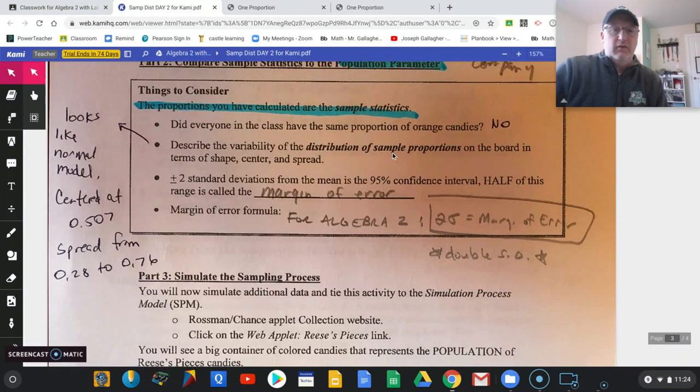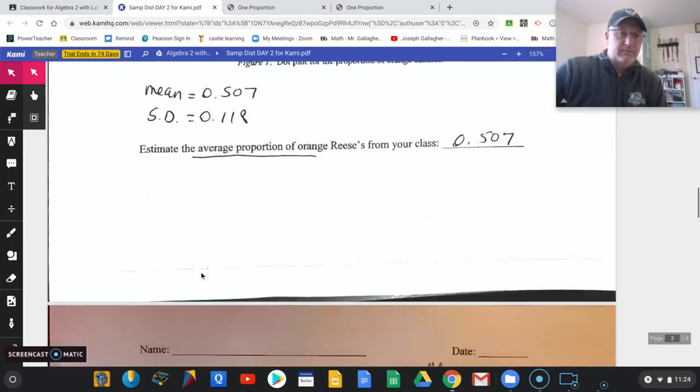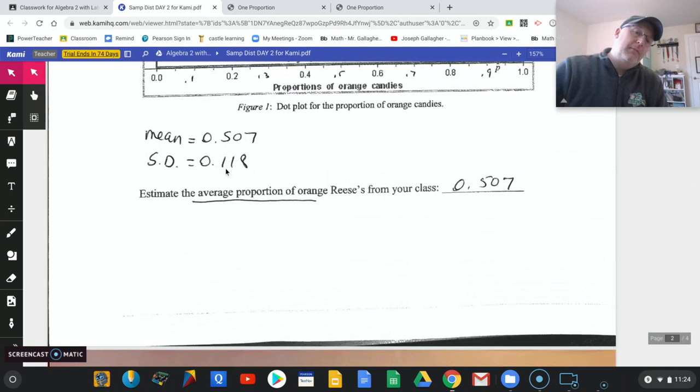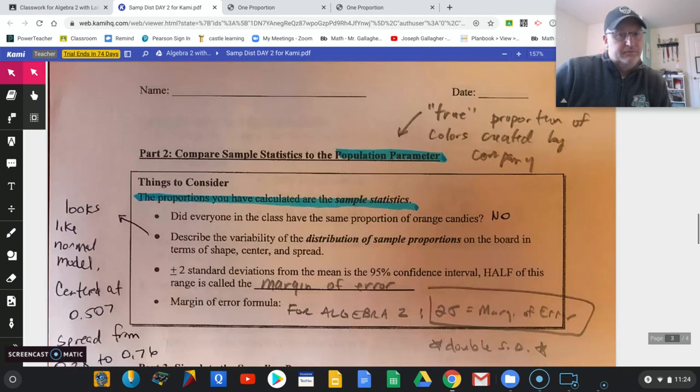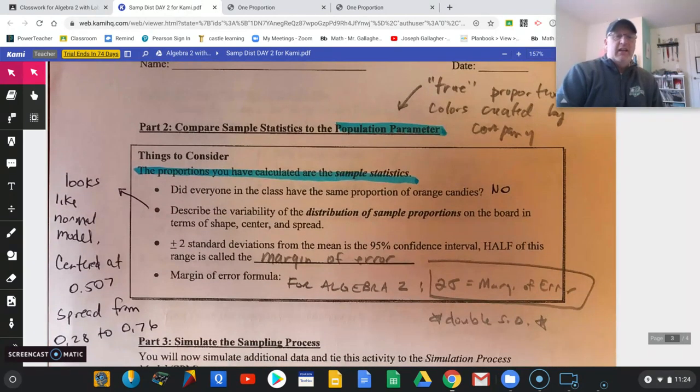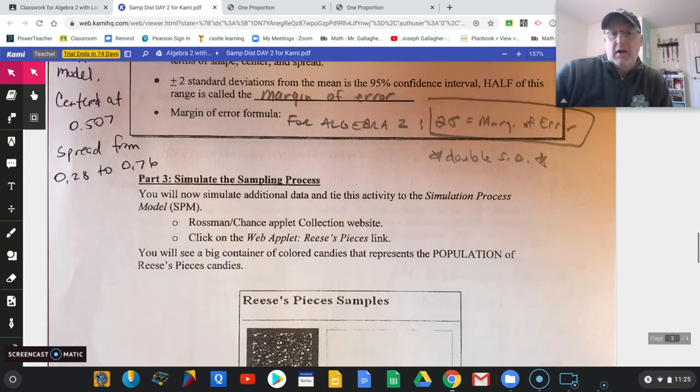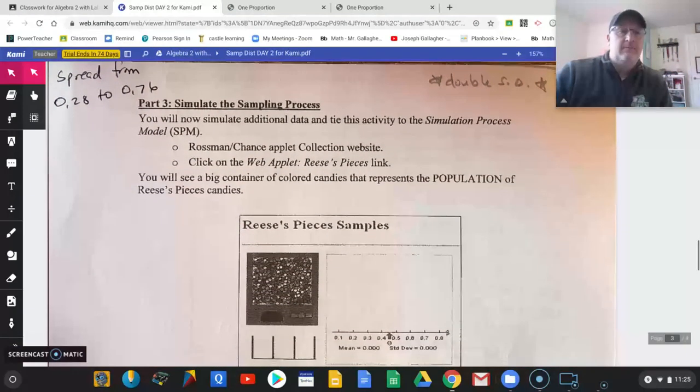That's our margin of error for a 95% confidence interval. So if I look up here, if I take 0.118, I get 0.236. That would be my margin of error. And especially with things happening right now with elections coming up, you probably see margin of error reported when you see polls done by Channel 2, Channel 4, Channel 7 News. And that's some of the information we'll talk about in Algebra 2 next year as well.